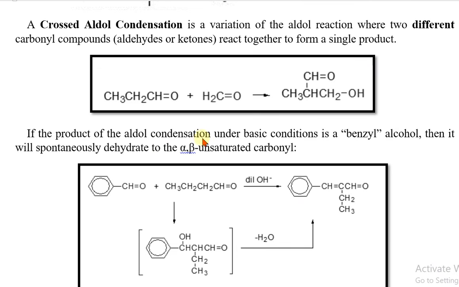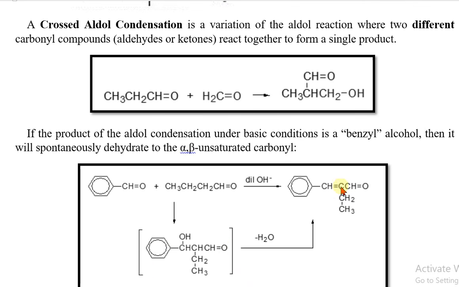If the product of the aldol condensation under basic condition is benzylic, like this, it will directly lose an H2O molecule to give you an alpha beta unsaturated carbonyl compound. You don't need work up for this type of compound.